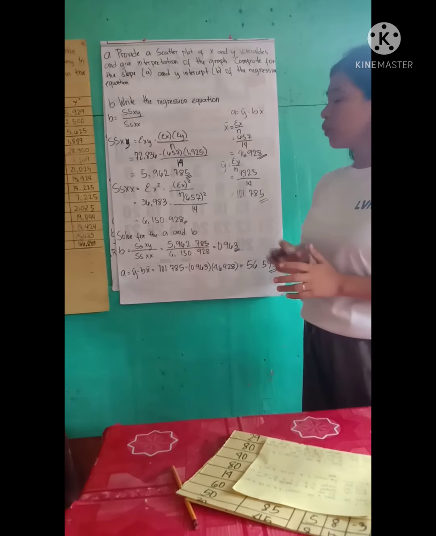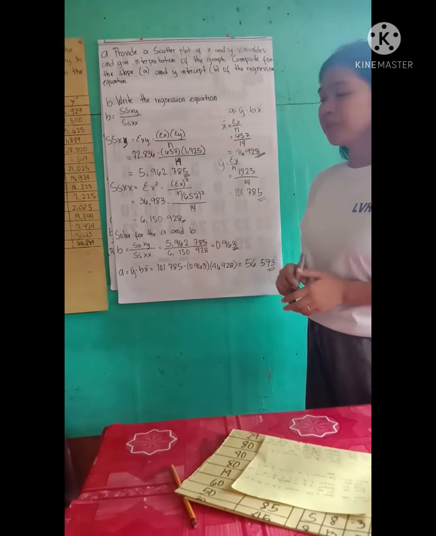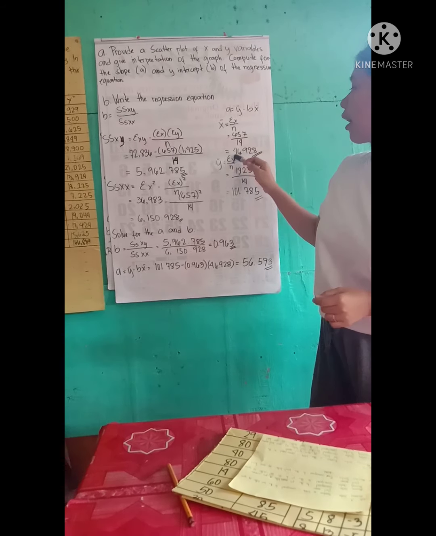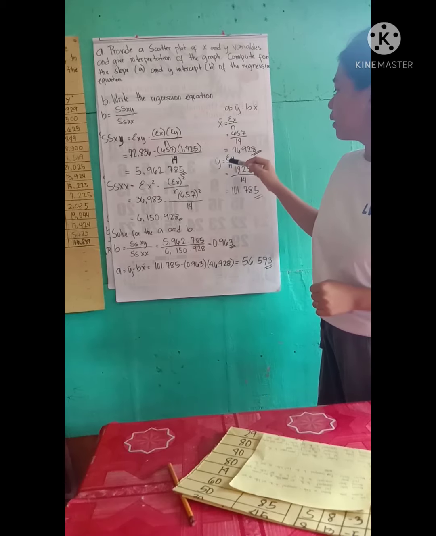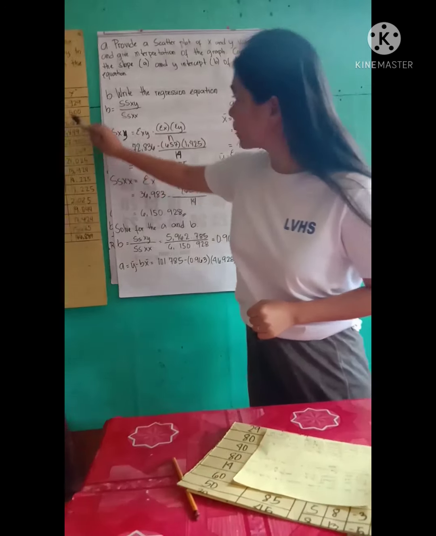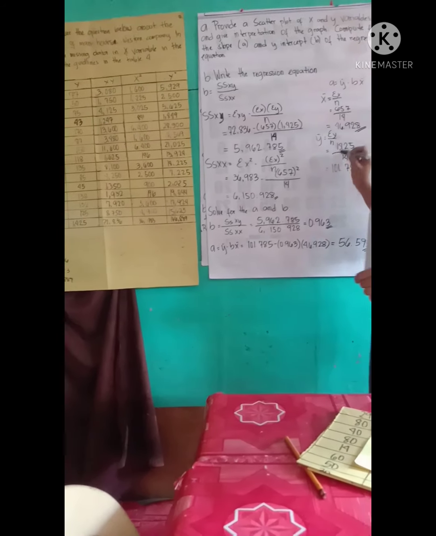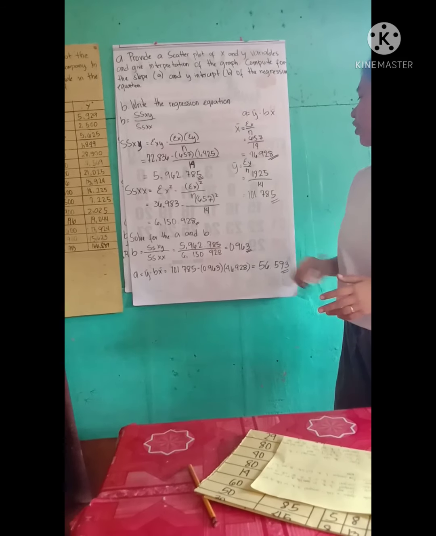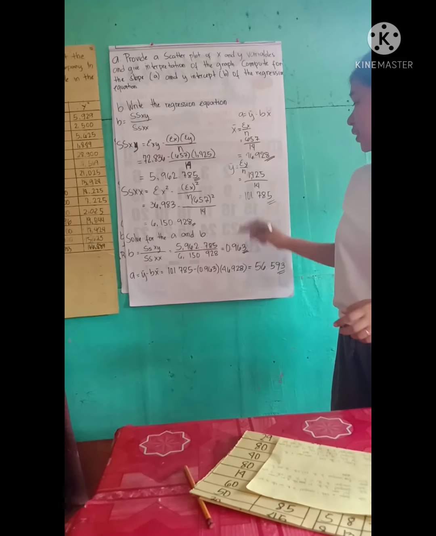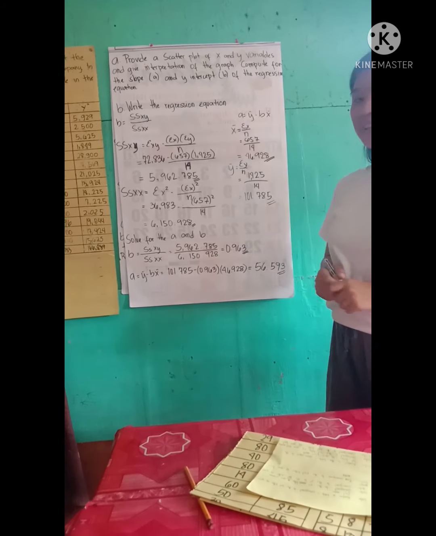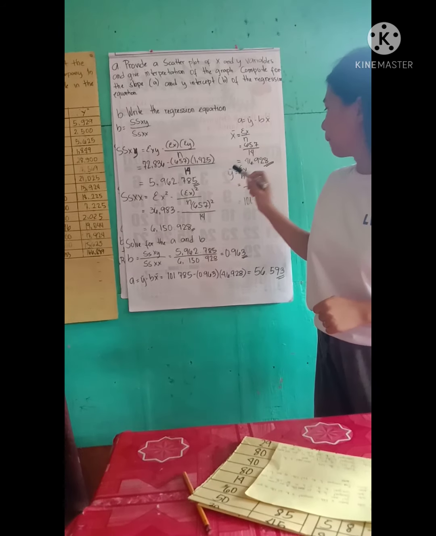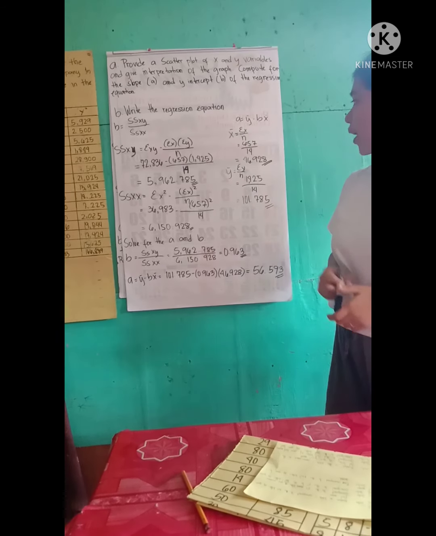For the mean of y, we need the formula summation of y divided by n. Our total sum of y here is 1,425. So 1,425 divided by 14 is equal to 101.785. And this is the value of the mean of y.